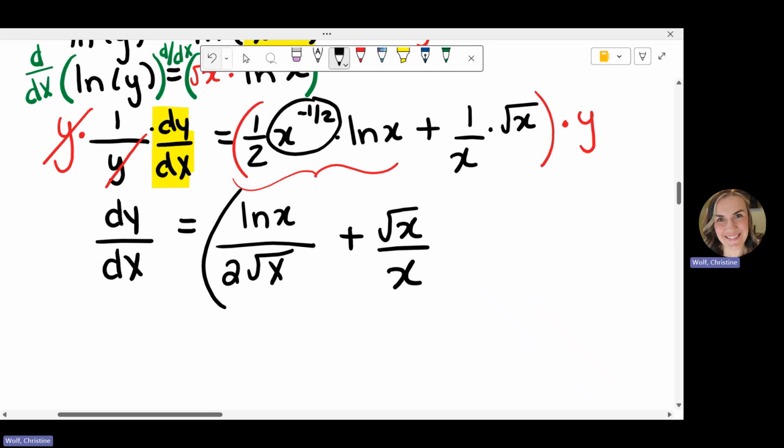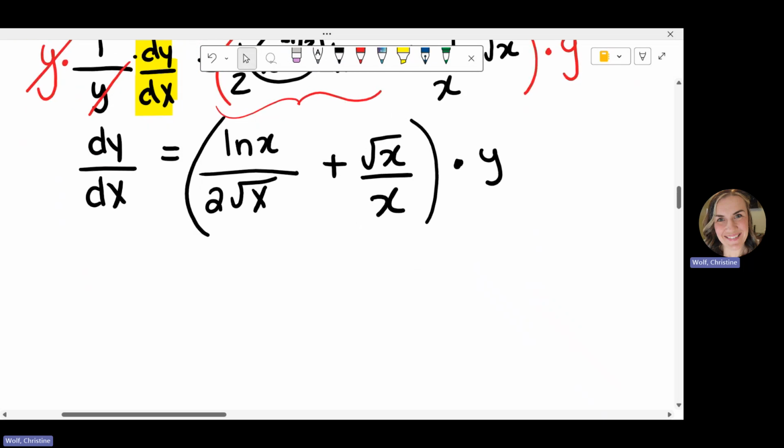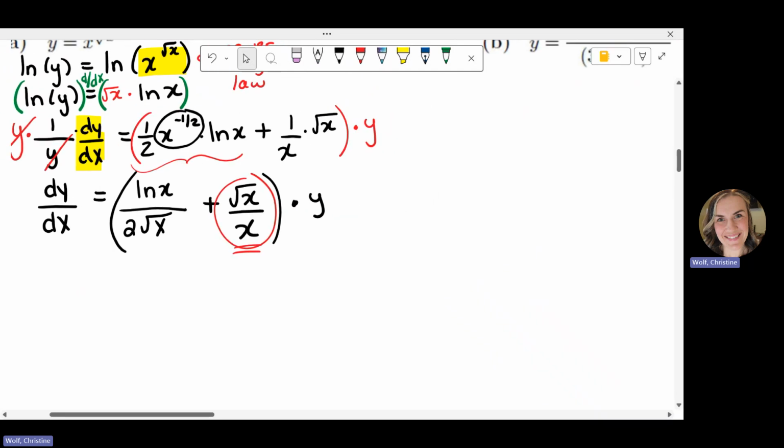Now, I will let you know, we're still times y, that whenever you have this situation, a root x over x, you can leave it like that for me. That's just fine. But I was looking at some of the solutions and Mr. Palmerine always simplifies that. So I'm just going to show you what that simplifies down to, and I'm going to write it over here.